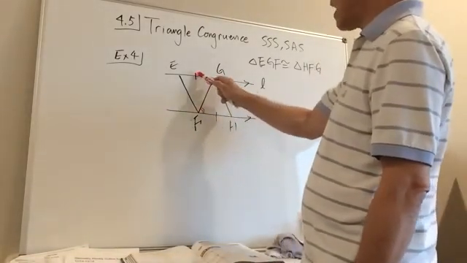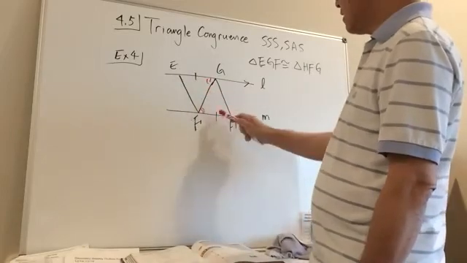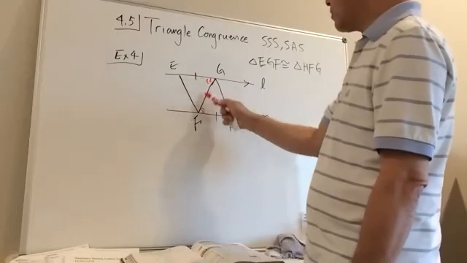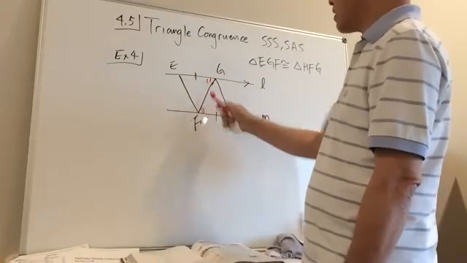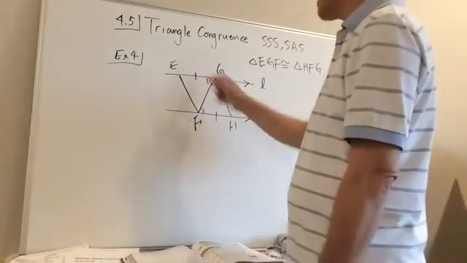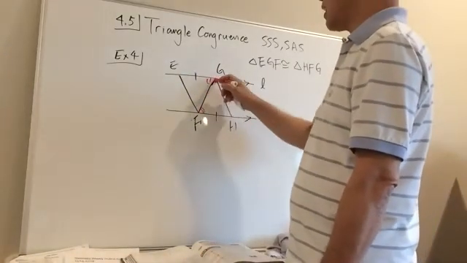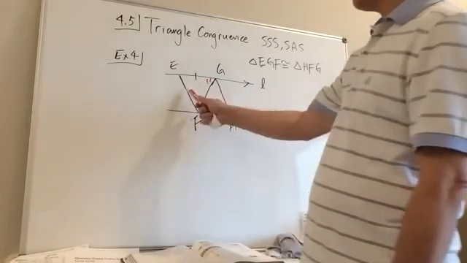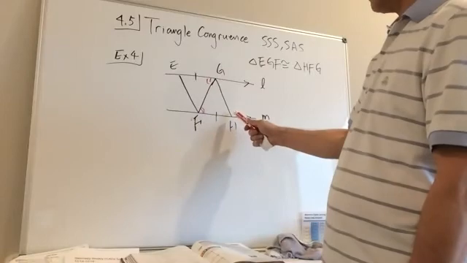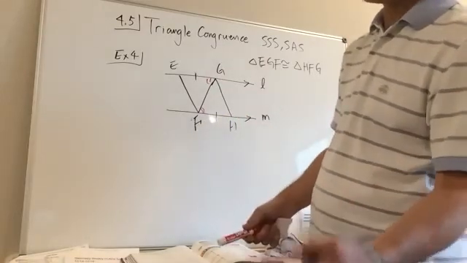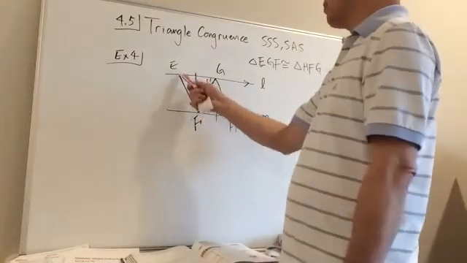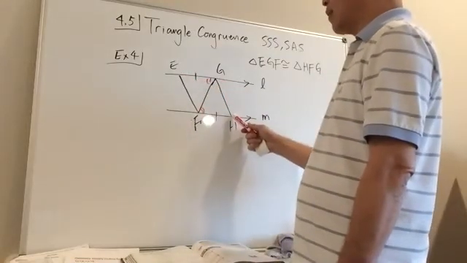So I have side, angle, side, side, angle, side. Okay, so see how that works? I don't know that this guy and this guy are the same. That would be SSS, side, side, side, but there's no way for me to prove that this guy and this guy are congruent.